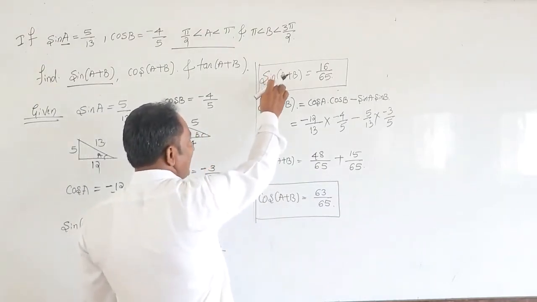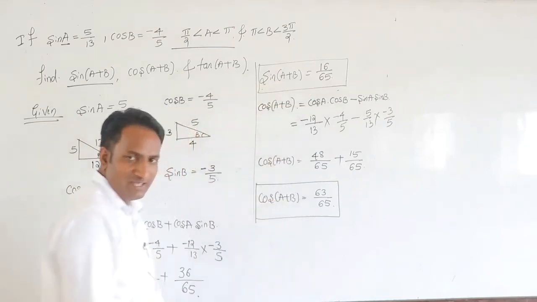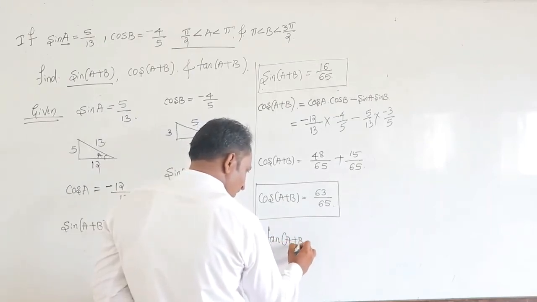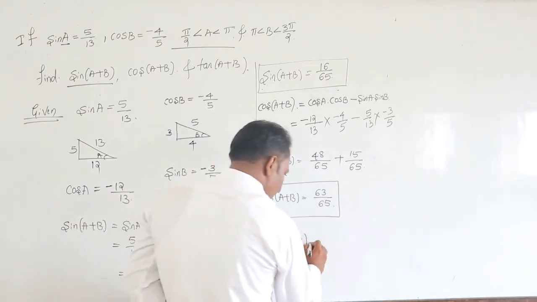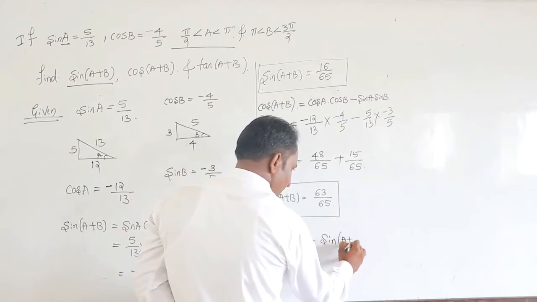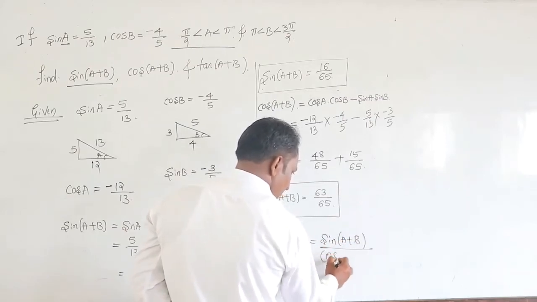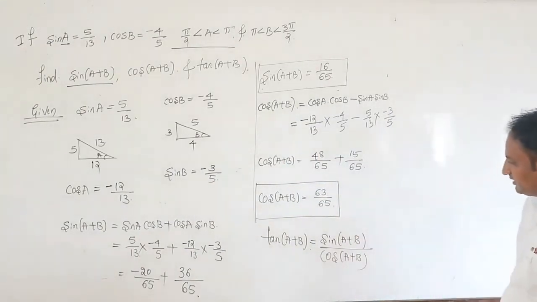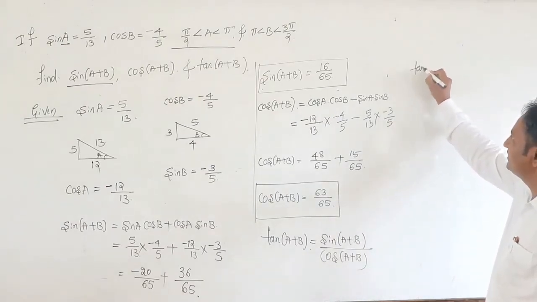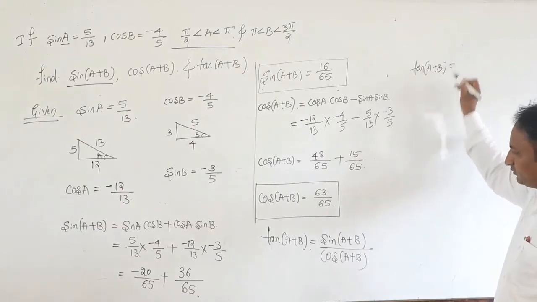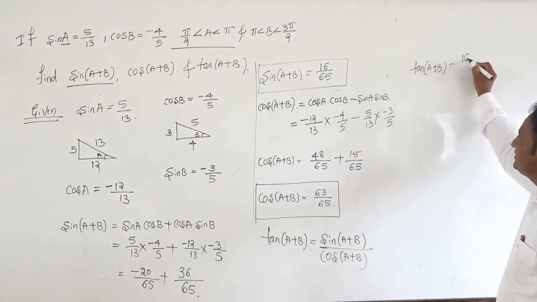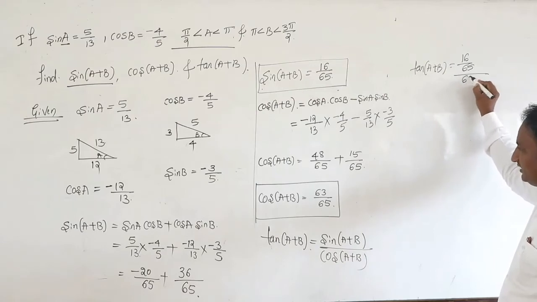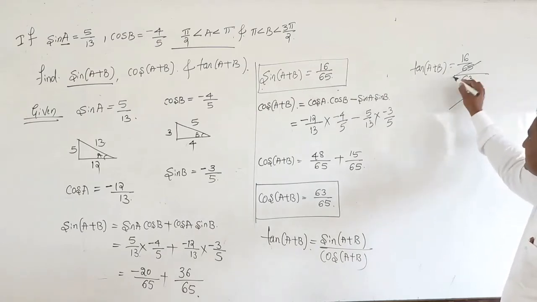Then by using sine of A plus B and cos of A plus B, directly we get the result tan of A plus B. Tan of A plus B is equal to sine of A plus B divided by cos of A plus B. Sine of A plus B value is 16 divided by 65, whole divided by cos of A plus B value 63 divided by 65. 65 gets cancelled.